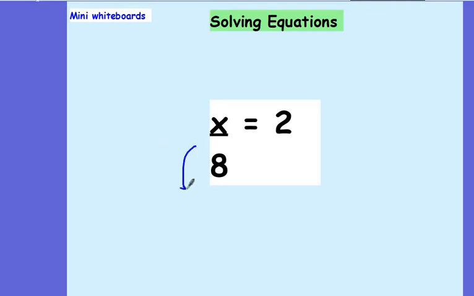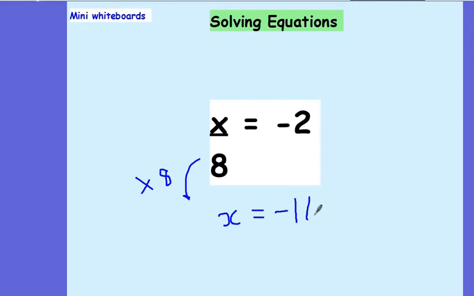Okay, we want x on its own, so we're going to multiply both sides by 8 this time, which leaves me with x is equal to 16 again. How about now? Again, we're multiplying both sides by 8, which leaves me with x is equal to negative 16, because negative 2 times 8 gives me negative 16.